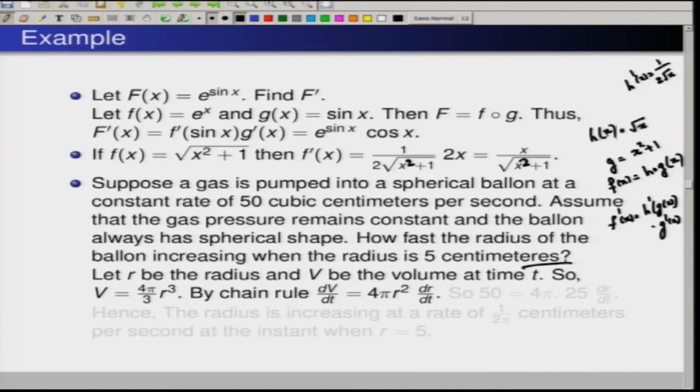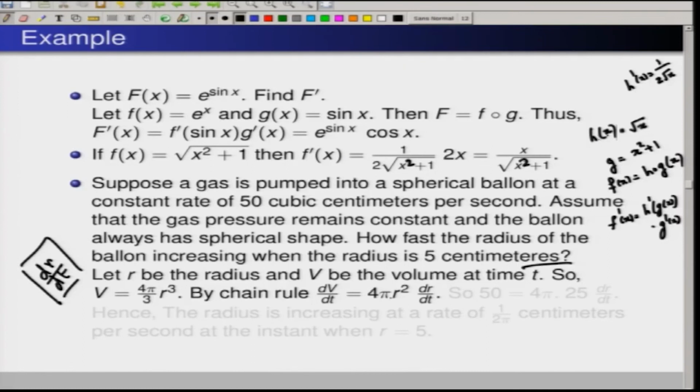So, we know that v is equal to 4 pi by 3 r cube. What we want to find is dr by dt, because that is how fast the radius is increasing. Now, v, the volume, is a function of time, and r is also a function of time, increasing with time.